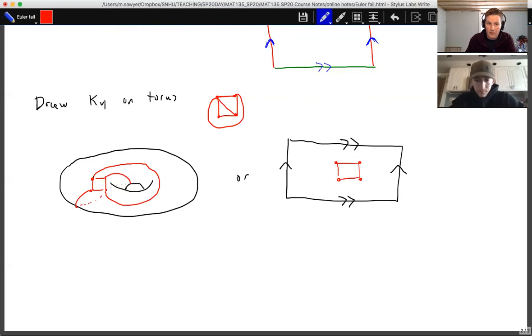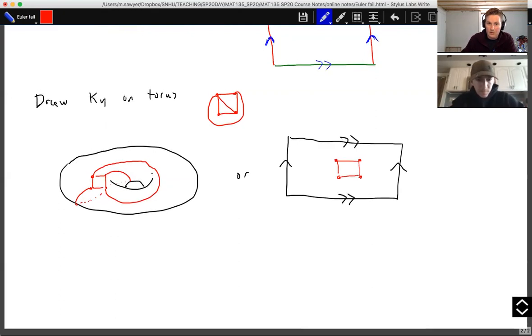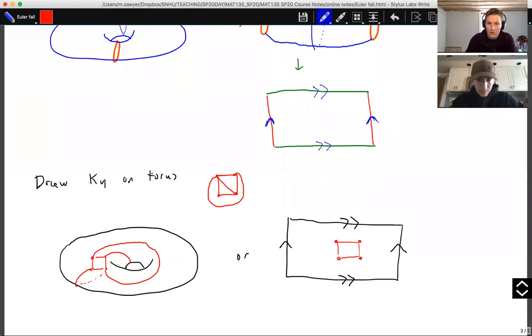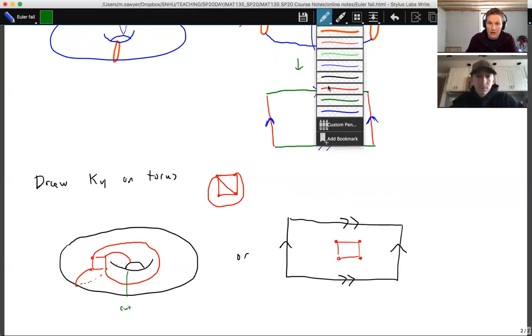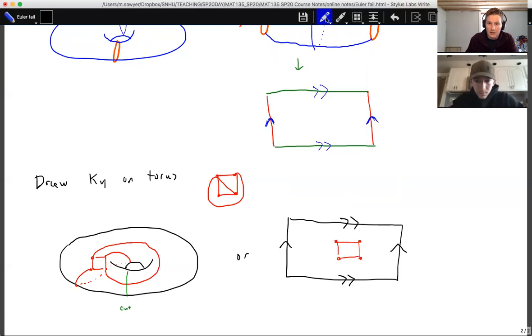If we think about how we snipped this, going back up to our diagram, we took our torus and we cut it in the edge up here. So that means we're cutting. So if I draw my little cut line, here's my cut line. So if I'm cutting this one line along here, that means that I have this line.